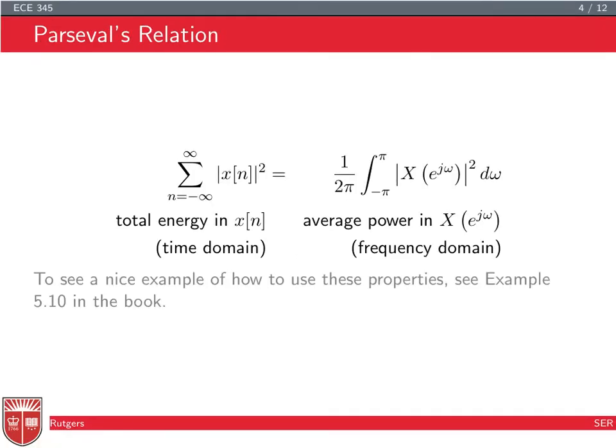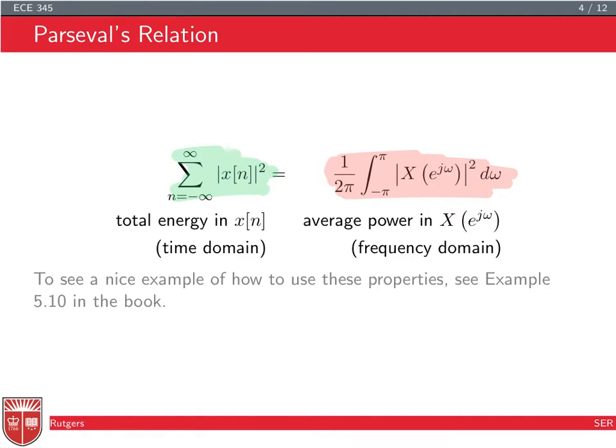Parseval's relation, or Parseval's identity, is a famous identity that characterizes the energy in the time domain, which is this part here. So this is the energy of the signal in the time domain, and this is the energy of the signal in the frequency domain. It says basically that the DTFT conserves the energy.